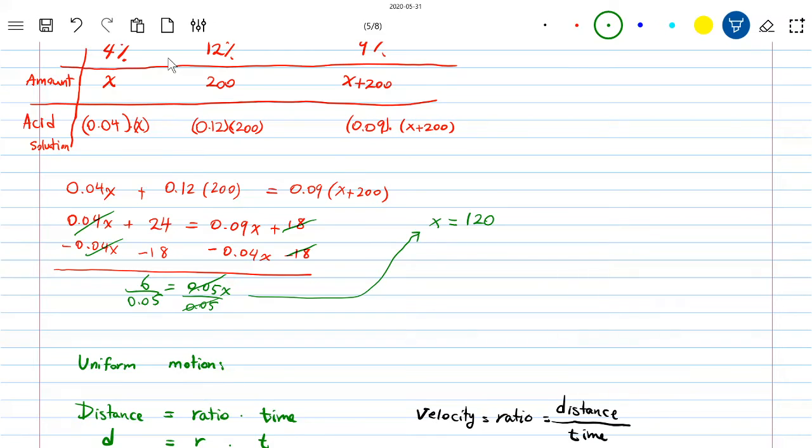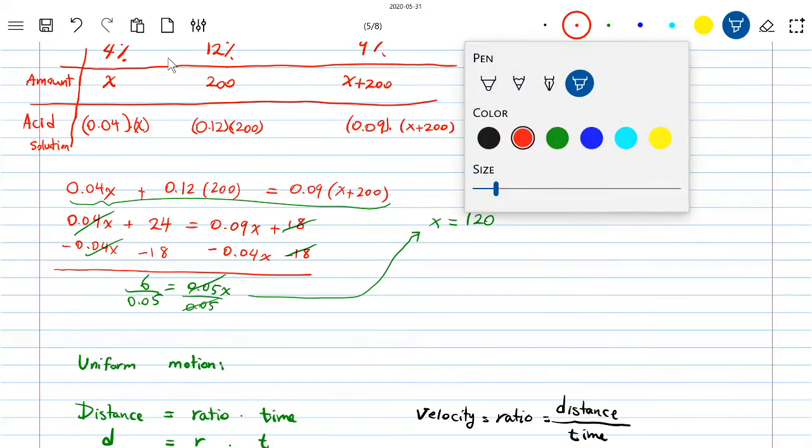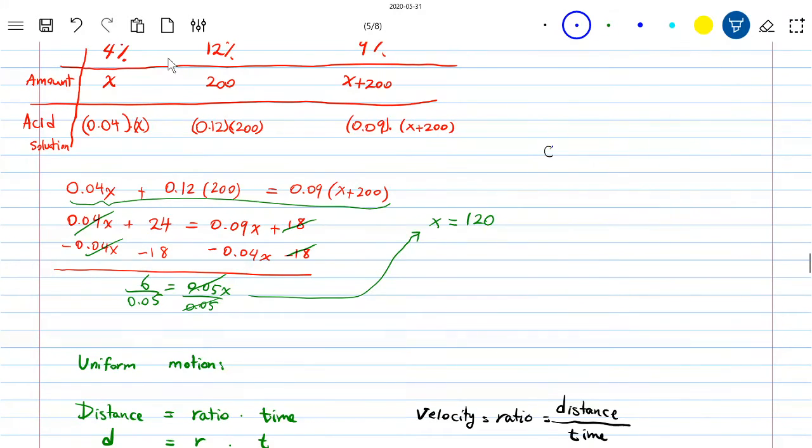And you can check your solution back into the equation, see if it really satisfies this equation. Let's pick a different color.